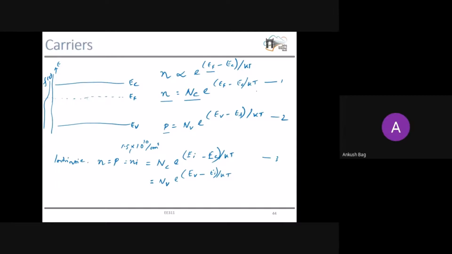So if we merge these two equations, then we can avoid the use of this NC or NV, the effective density of states, and simply write these two equations in terms of intrinsic carrier concentration, because intrinsic carrier concentration is easier to calculate or even characterize or quantify in your actual semiconductor, because this NC, NV are all theoretical concepts.